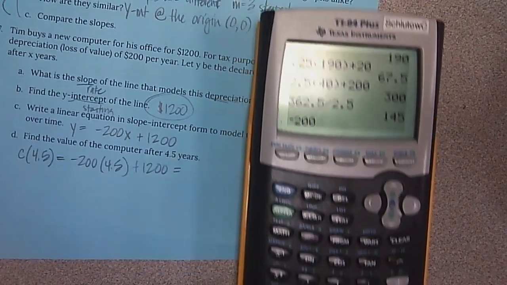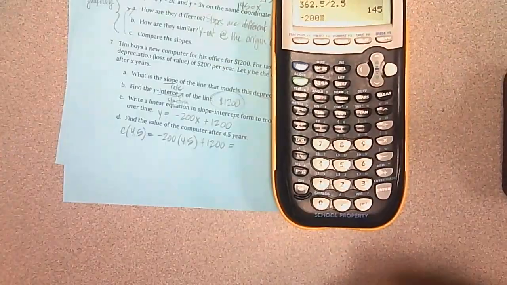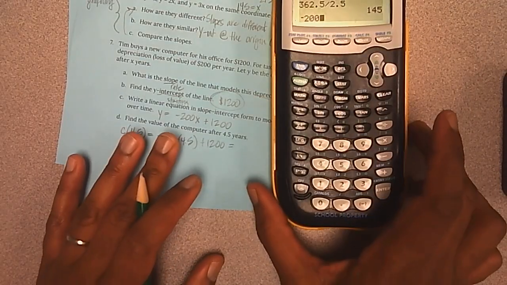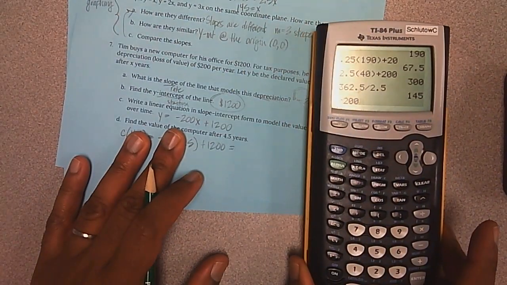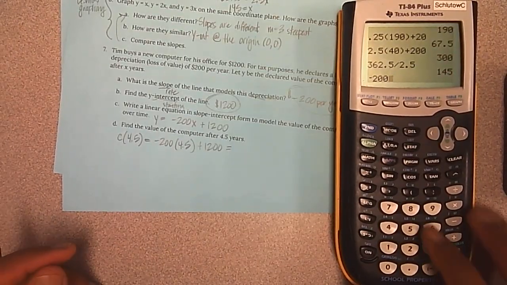Use the negative button. Oh, let me show you what I'm doing. That negative button right there. That negative button is how you type in negative numbers. Negative 200.